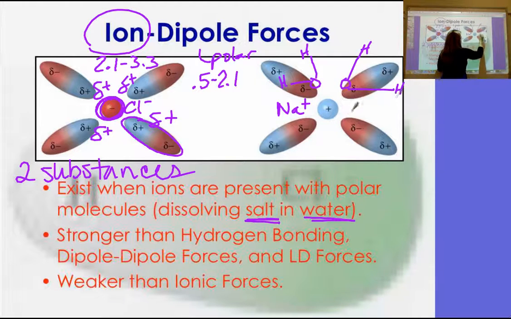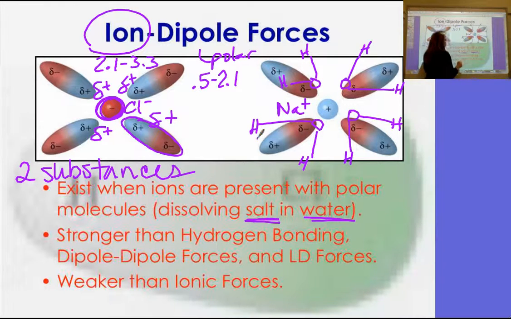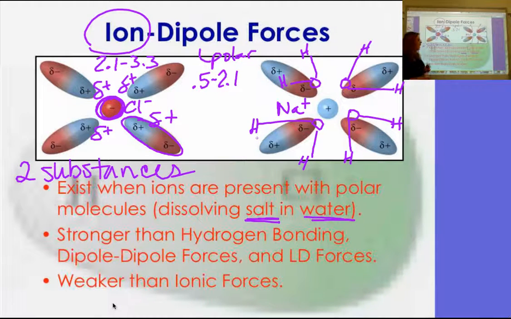Since they're the partial negative end, all the oxygens would line up around the sodium. So the positive ion of sodium would attract all the negative parts of the water, or the oxygen.